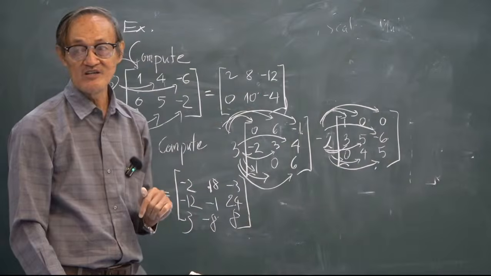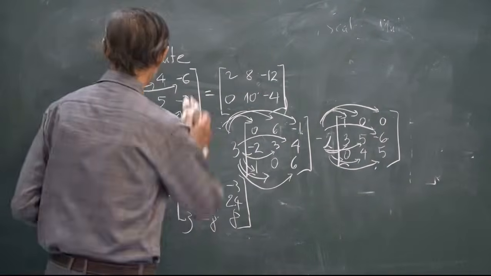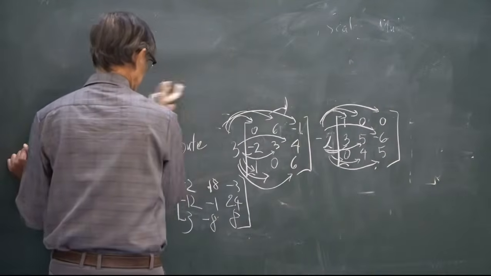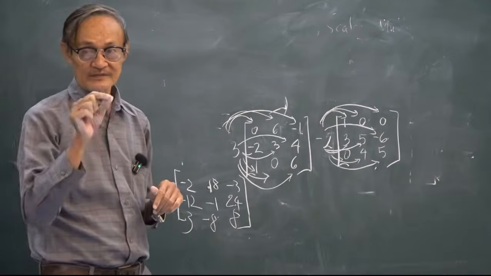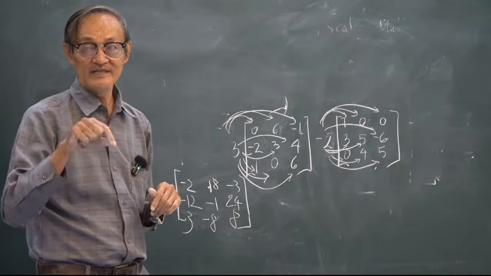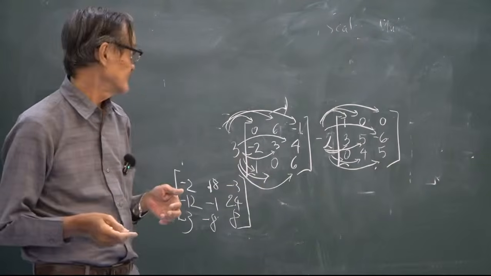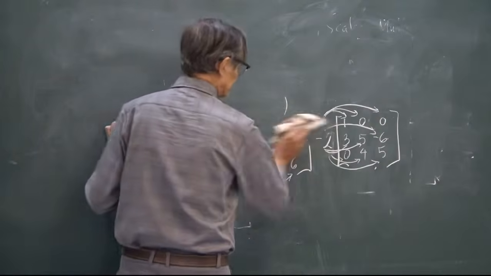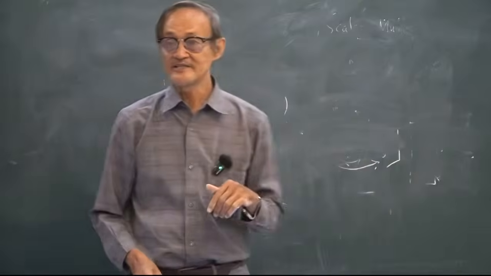Very, very simple. Okay? So we compute this element of each position of two matrices. We compute each element of the same position.